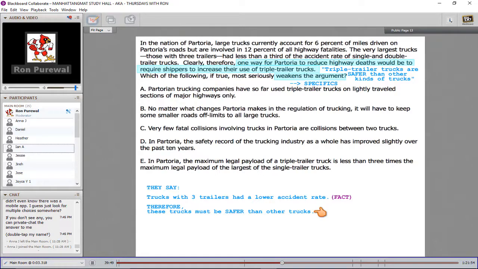What do we want here? How would you guys summarize the standard for a correct answer? Let's see what you're typing in the chat box.